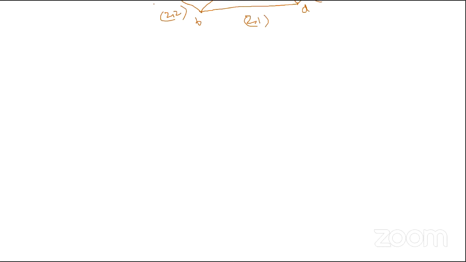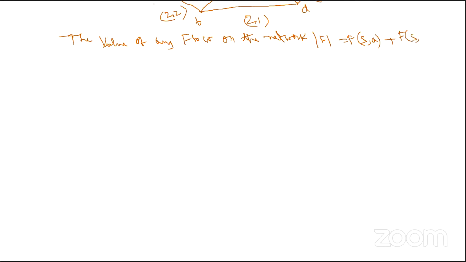The value of any flow on the network, mod f, is equal to f of (s, a) plus f of (s, b).